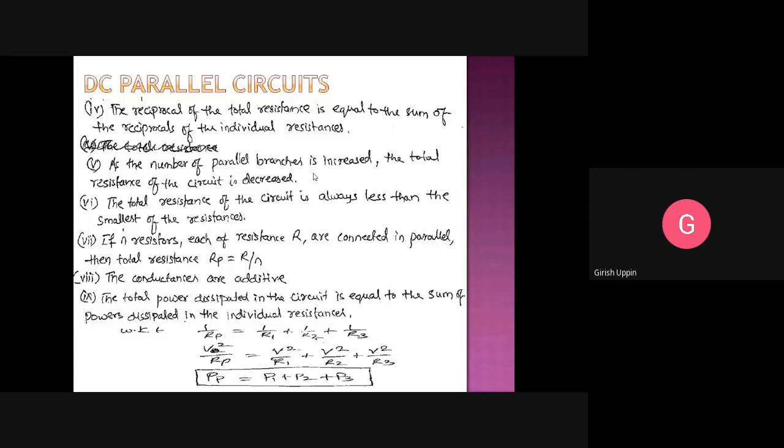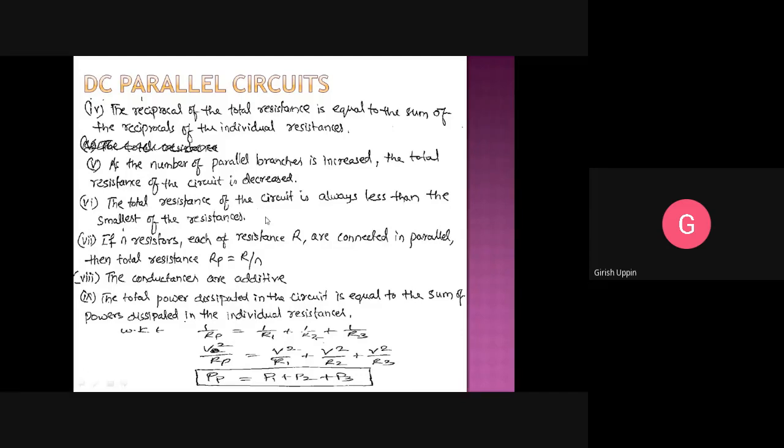I get it as 4, so Rp is equal to 1 divided by 4, that is 0.25. In the earlier case, when we had 3, Rp is equal to 1 by 3, that is 0.33. If you have 4 resistances of 1 ohm, the effective resistance becomes 0.25. So whenever you add one branch, the effective resistance will go down.